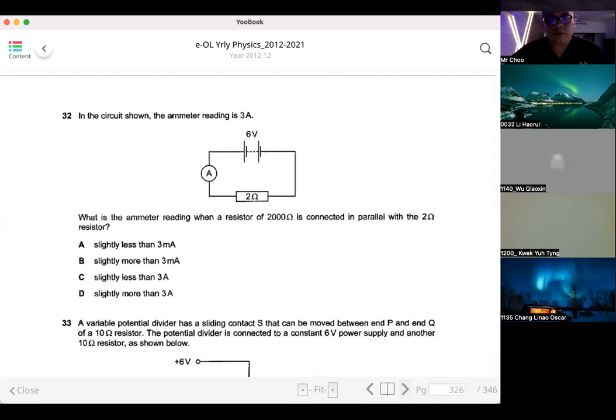Okay, question 32, no answers yet. Okay, Yiting, well done, well done.